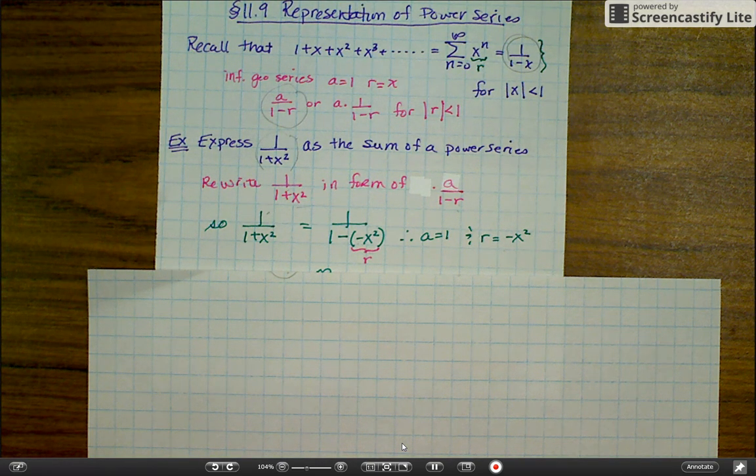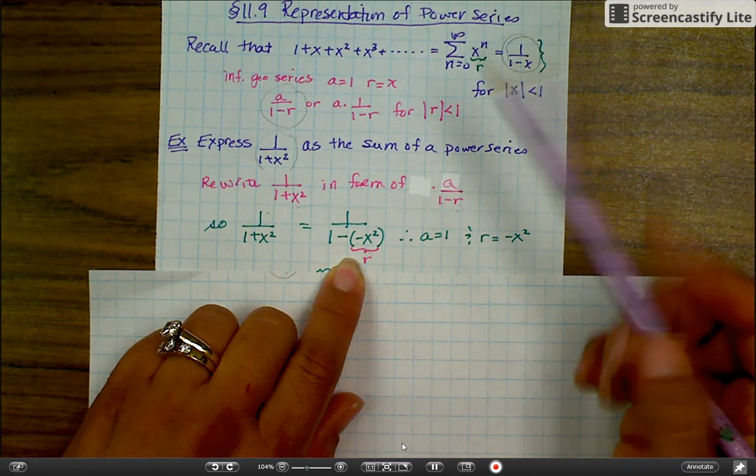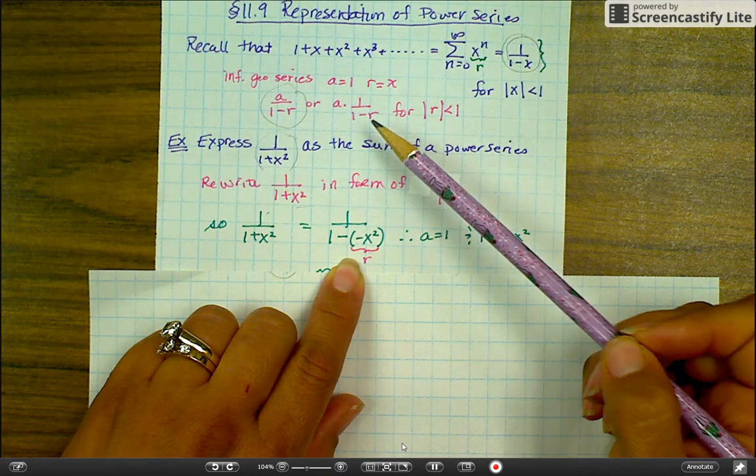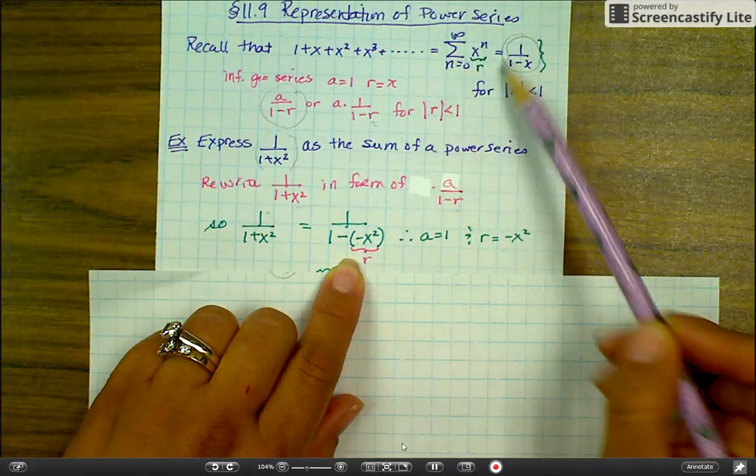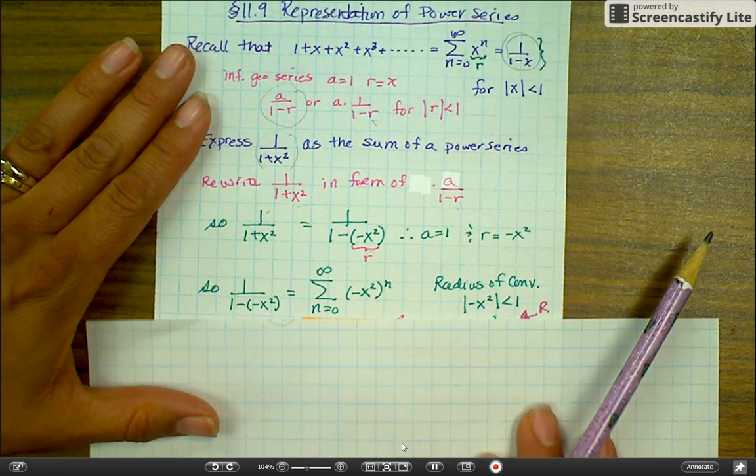Now I have my a and my r, and using this formula and knowing that this generates this, I can rewrite my expression like this.